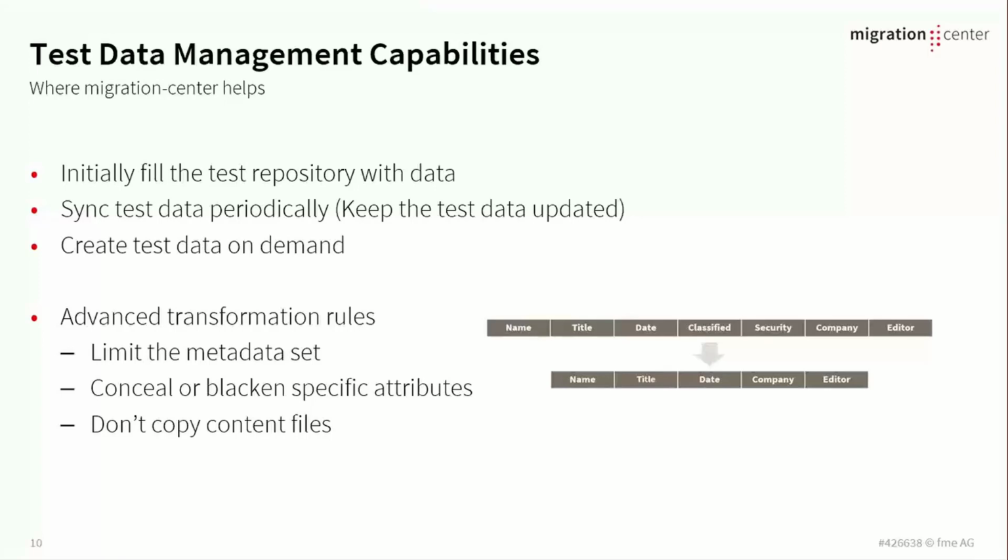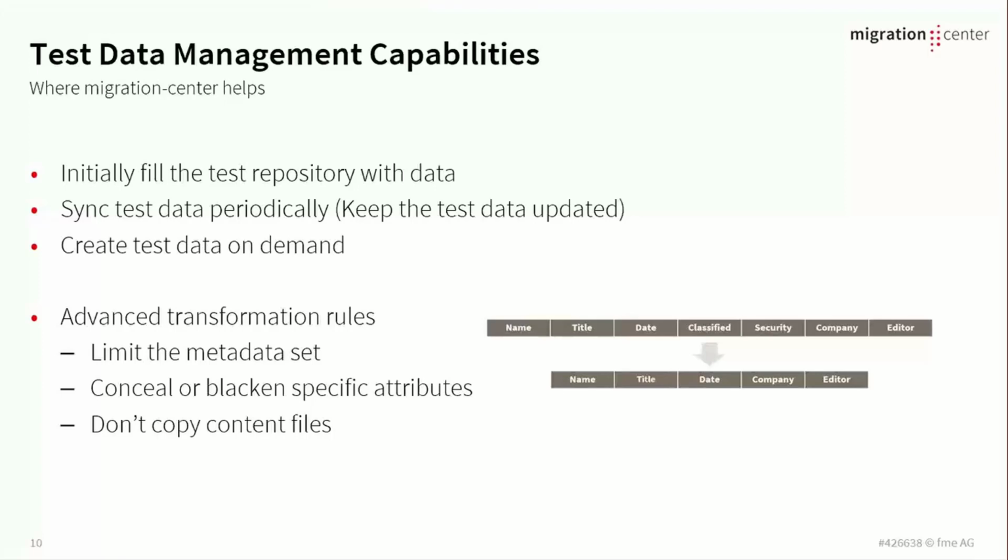Migration Center does that with what I call here advanced transformation rules. Basically, it's the transformation engine in Migration Center, which is very flexible anyway. With special transformation rules, you can really limit the metadata set. So you scan, for example, 20 attributes, and then with the transformation rules editor you easily remove some attributes you don't need in the test system.